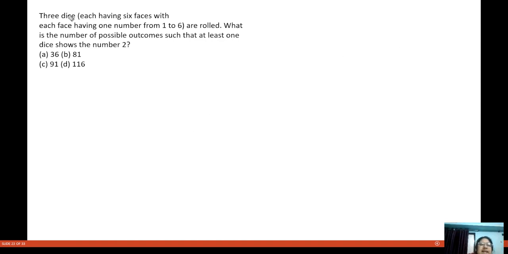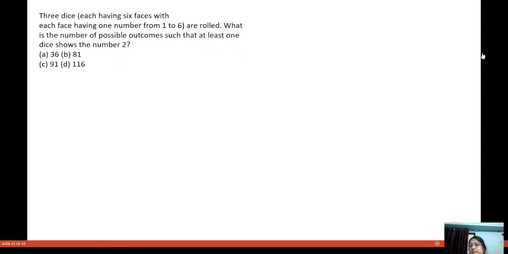Now look at this. Three dice, each having six faces, with each face having one number from 1 to 6, are rolled. What is the number of possible outcomes such that at least one die shows the number 2?